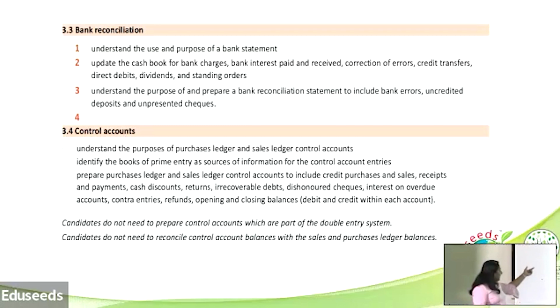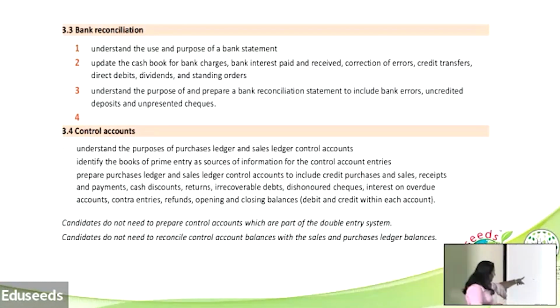The second one, update the cash book for bank charges, bank interest paid or received. Sometimes some transactions appear in your bank but don't appear in your book. So that is the process of bank reconciliation. You need to understand which one appears there and doesn't appear here, which one appears on the other side and doesn't appear on this side. Then you reconcile the differences.